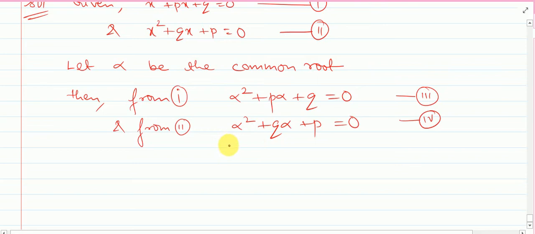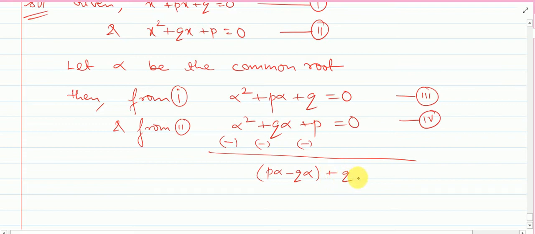So on subtracting, this will become minus, this will become minus, this will become minus. So we will get p alpha minus q alpha, and here you will get q minus p is equal to 0.